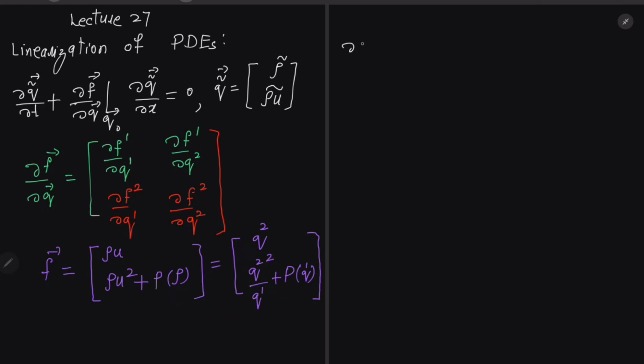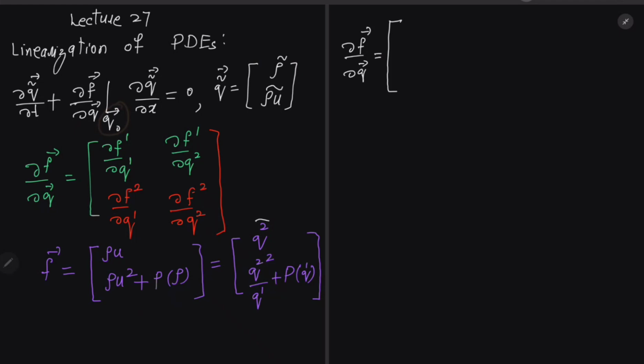So first we write partial f by partial q vector, and we take the f1 derivative with respect to q1. Remember that this q1 is not q tilde. As we know, we first find the Jacobian, and after finding the Jacobian we put in the value q naught vector.